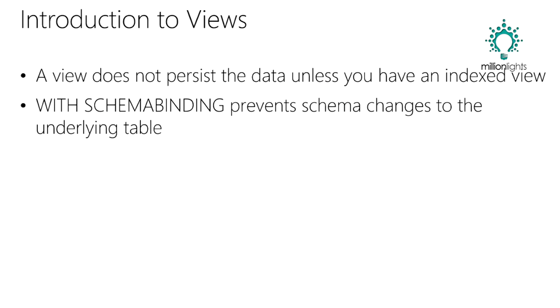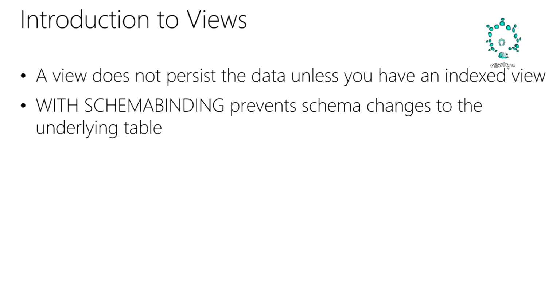So another point to mention here is the with schema binding option. Think about the scenario where you create a view that's used by your application, selects a number of columns, and you're presenting that through your application. If somebody removes a column from the underlying table that your view is dependent on, that view is then broken.